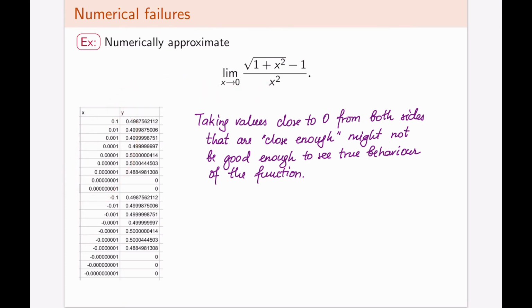And the second one is taking close enough values might not be good enough, because this is still just a numerical approximation. So while sometimes plugging numbers in is good for intuition, it might not be good enough to actually find the correct answer.